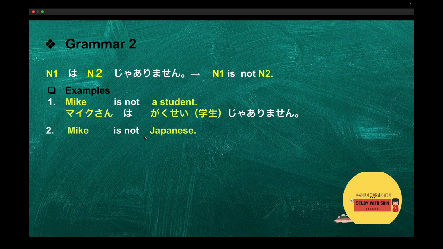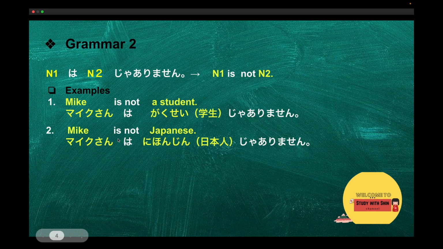Let's take a look at example 2. Mike is not Japanese. We will say マイクさんは, Japanese is 日本人, じゃありません. マイクさんは日本人じゃありません. Mike is not Japanese. Example 3. I am not Mike. How do you say I am? First, we'll take a look at the first part, saying I am.